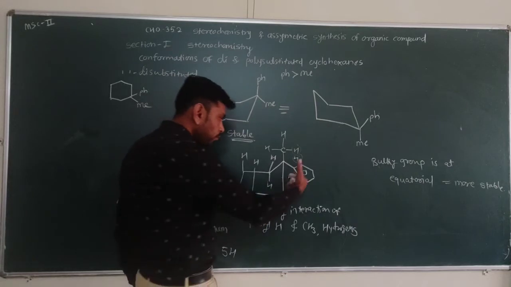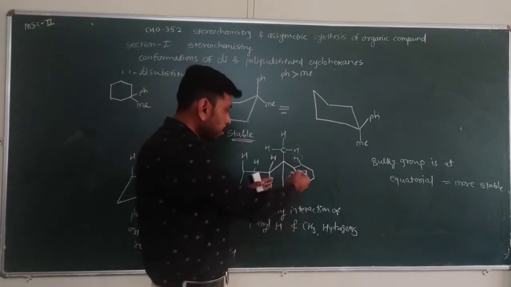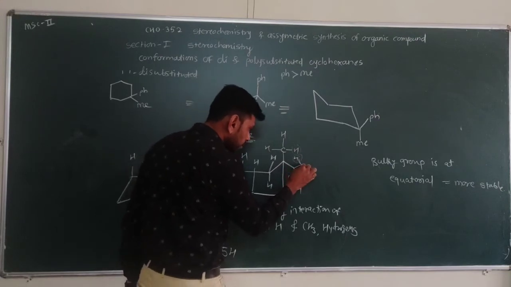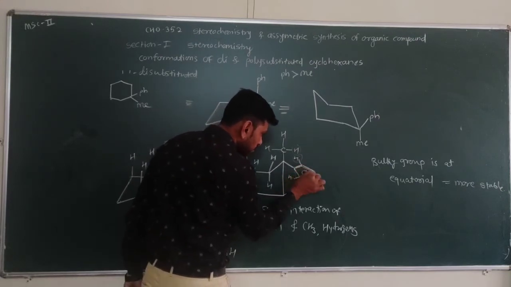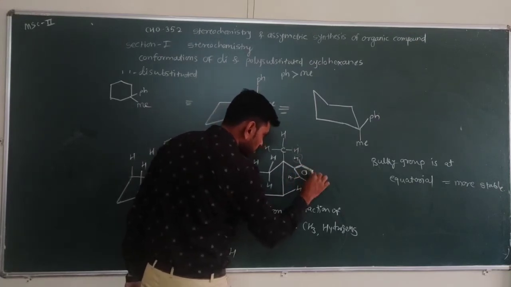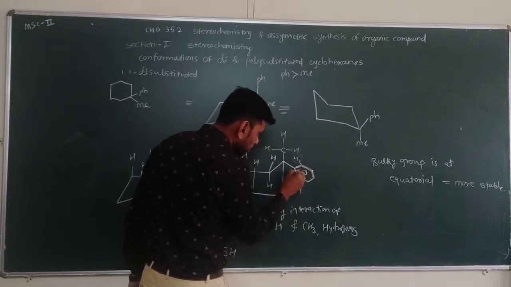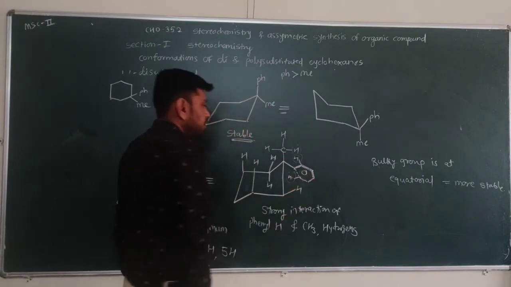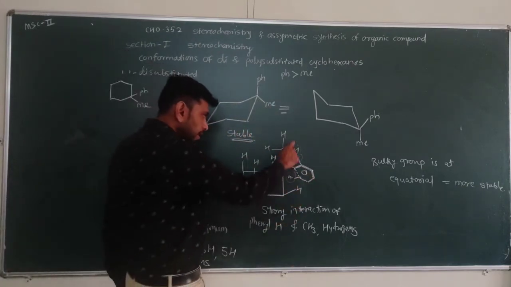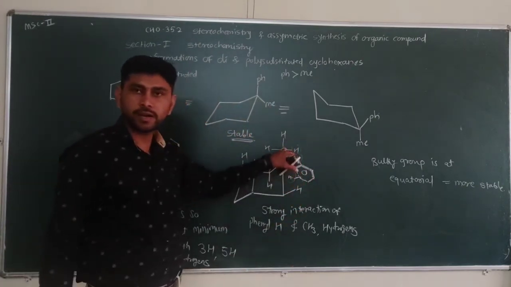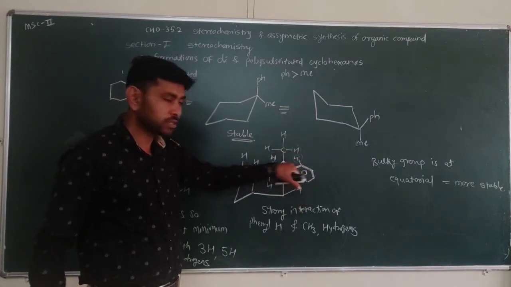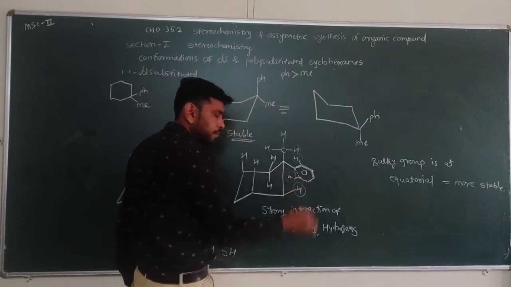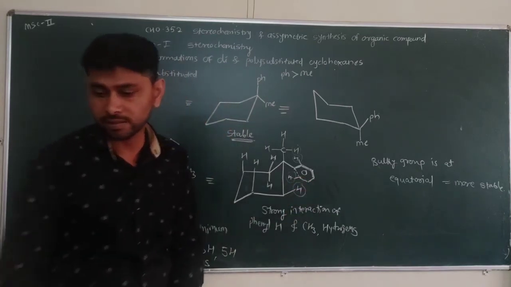For this purpose, suppose we change the angle of this phenyl ring, that is, the ring is twisted. Then what happens when this ring gets twisted? The interaction between these CH3 hydrogens and the phenyl hydrogens is reduced, but at the same time the interaction with the equatorial hydrogen increases.